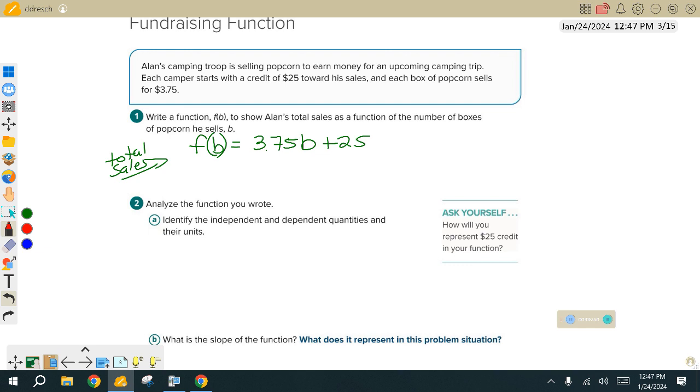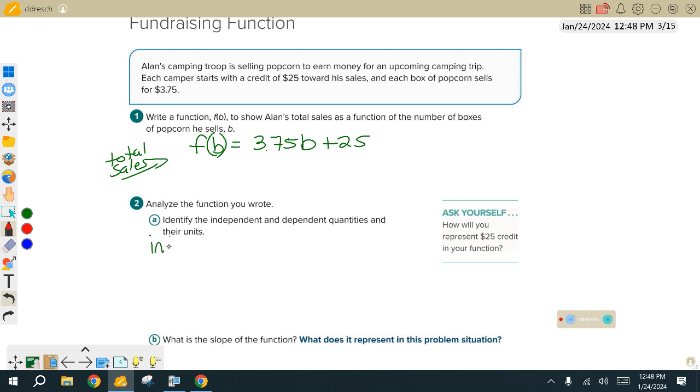Which one's driving this whole problem? The boxes. Boxes is driving the whole problem, right? So when boxes drive the whole problem, that is independent. So our boxes is the independent here.